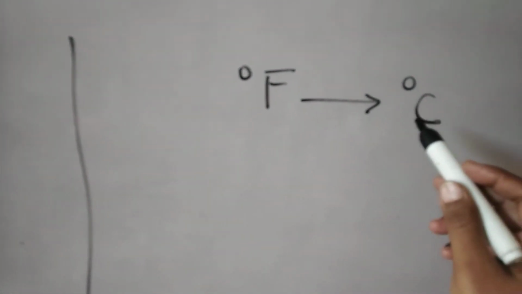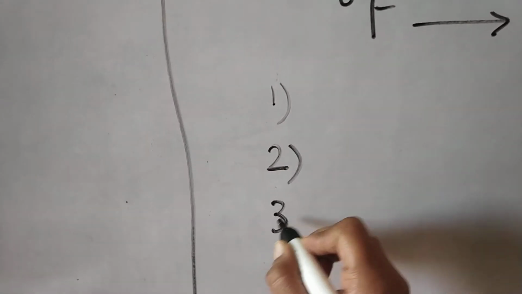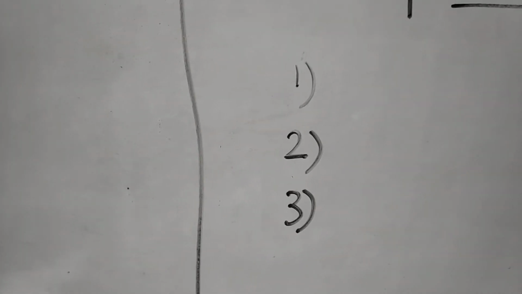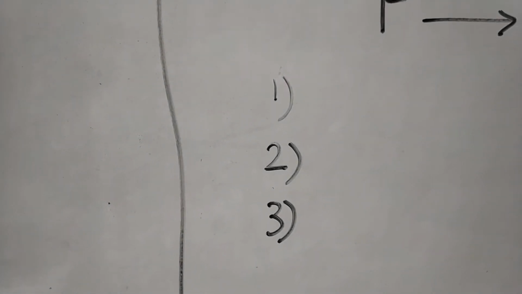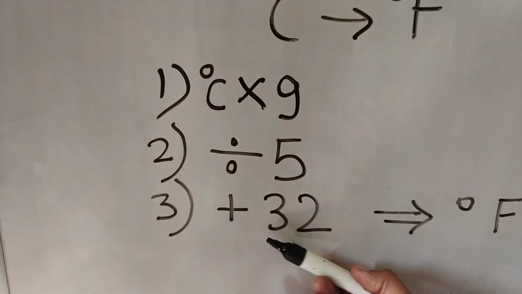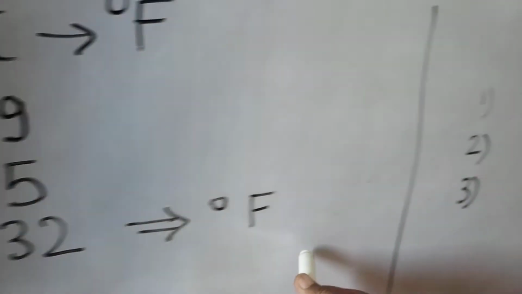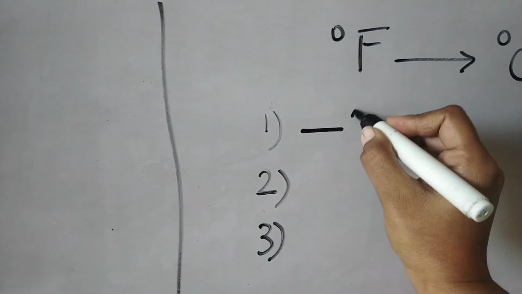Just opposite of that, when we are converting degree Fahrenheit to degree centigrade, again we have to follow 3 steps. These 3 steps are just opposite to those 3 steps. Here we will start from the third point. There we are adding 32, here in the first step it will be subtract 32.